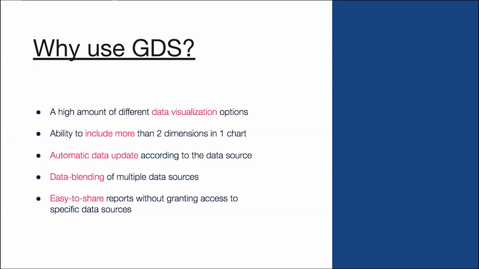Another example is content-related dimensions and metrics, let's say landing page, and in the same table we can see the data from all users and from a specific segment, for example, organic traffic, and everything will be combined in the same table. And finally, the reports are easy to share. You don't have to provide access to the specific data source. You can provide access only to the report for the reader.